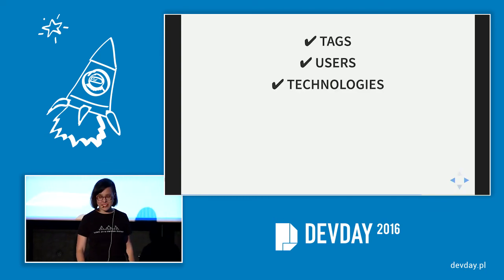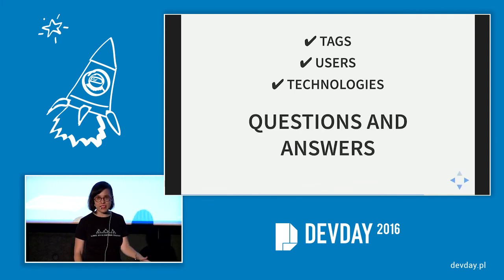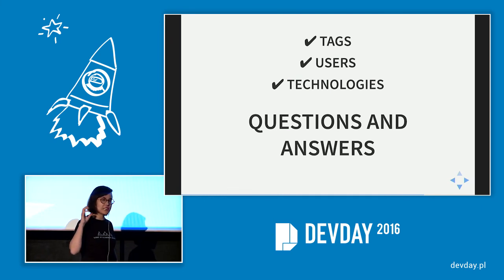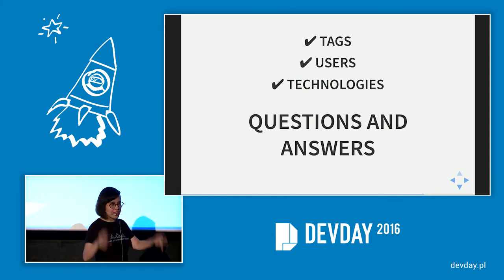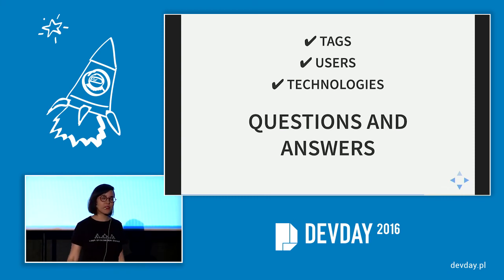So we did look at tags and users and technologies that are on Stack Overflow. And the main thing are also the questions and answers. But I did some analysis and found that Stack Overflow is really good in a way, because if you answer a question, regardless of your current reputation, you get upvotes if your answer is accepted and if people like the question.